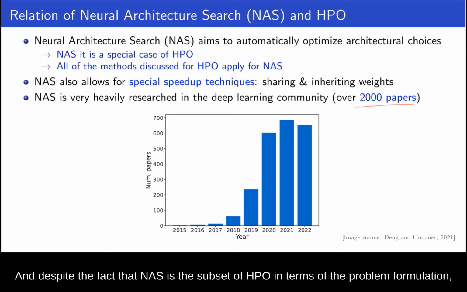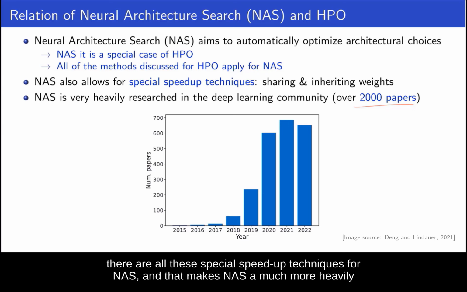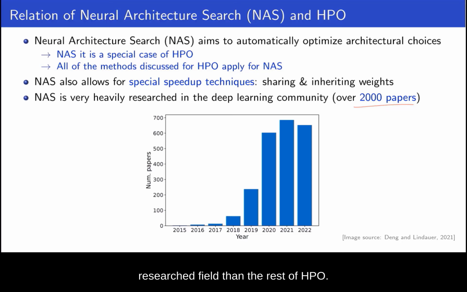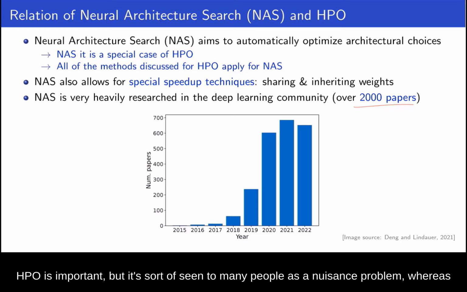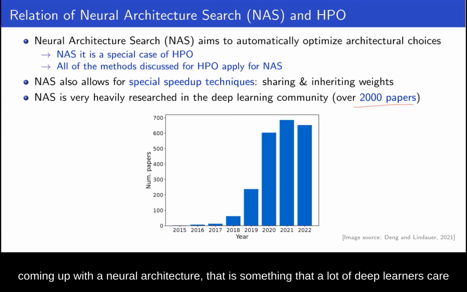And despite the fact that NAS is a subset of HPO in terms of the problem formulation, there are all these special speedup techniques for NAS, and that makes NAS a much more heavily researched field than the rest of HPO. HPO is important, but it's seen by many people as a nuisance problem, whereas coming up with a neural architecture is something that a lot of deep learners care about.